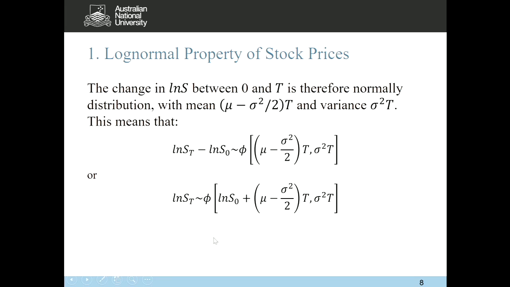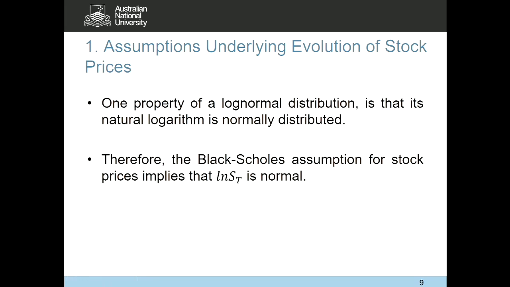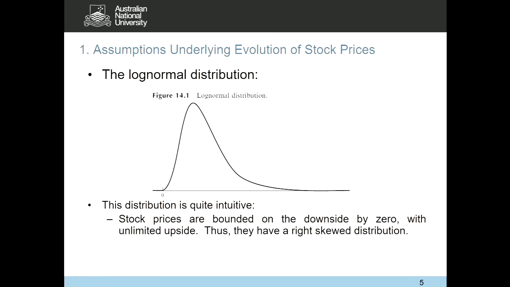That's our distribution for the log of the share price, ST. So effectively, we have proved what I said in the beginning of the lecture: one of the important assumptions behind the Black-Scholes option pricing model is that Black-Scholes assumes the share price is lognormally distributed.